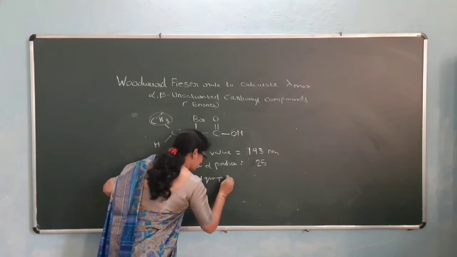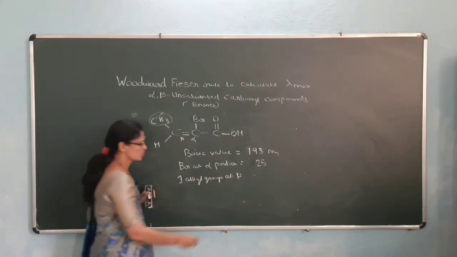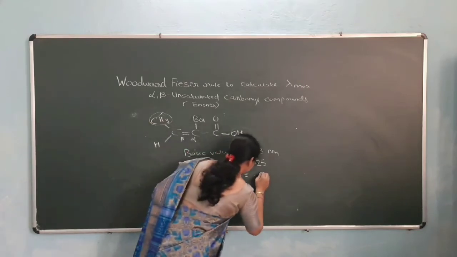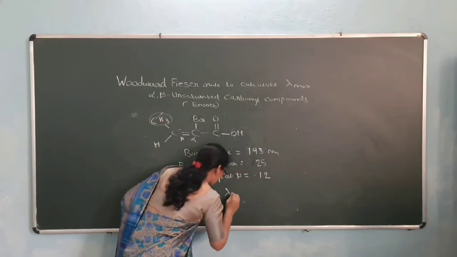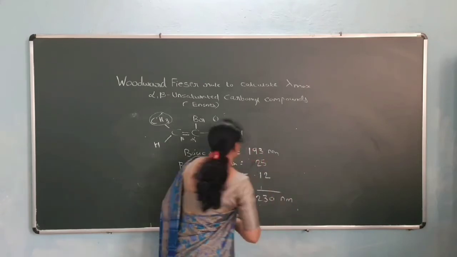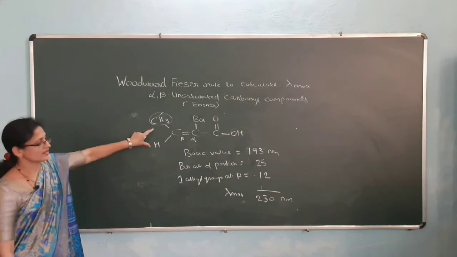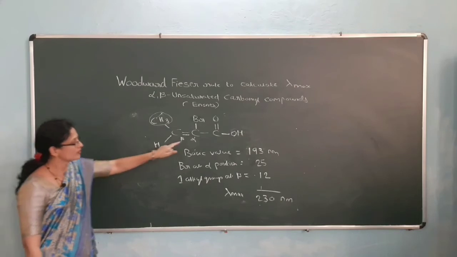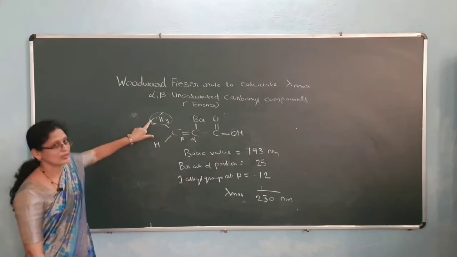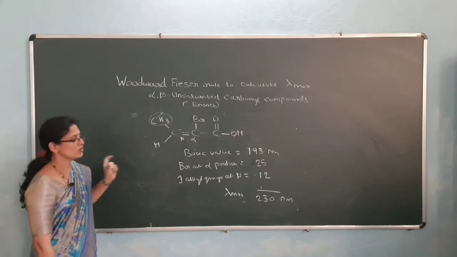One alkyl group at beta is plus 12. So the total lambda max is 230 nanometer. Here the basic value is 193, bromine at alpha position is 25, and one alkyl group at the beta position is 12. So it is 230 nanometer.